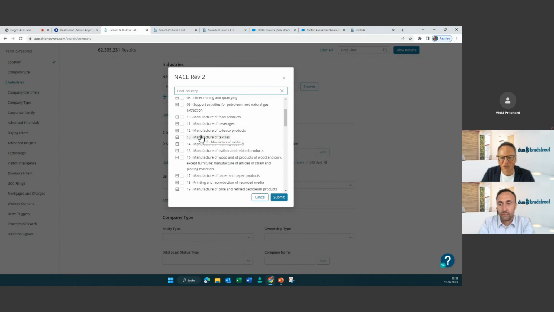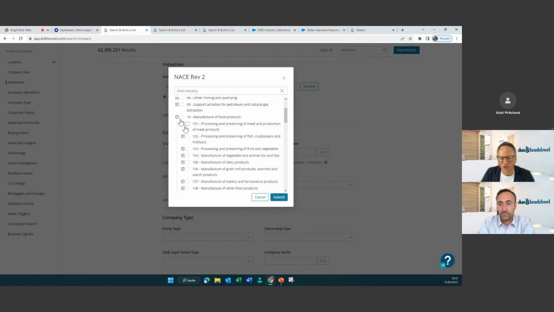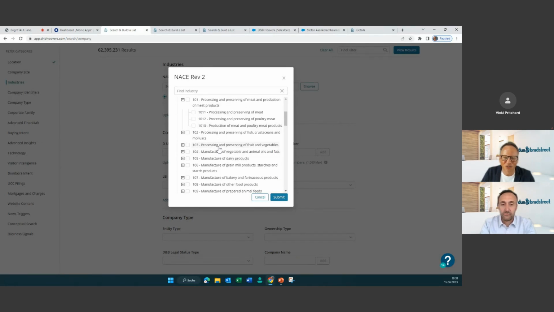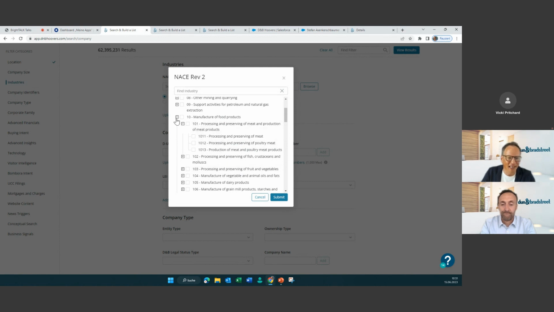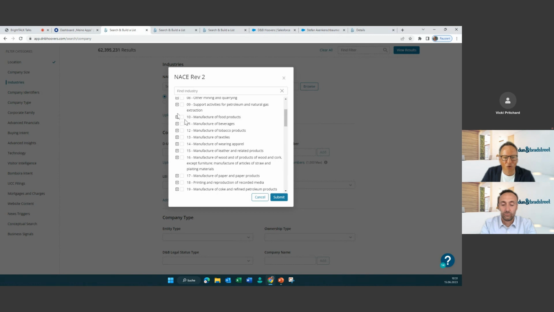When I select it, you see it's a 4-digit code. You can drill down. But Thomas, you mentioned sometimes you might drill down, but it's still not precise enough. We'll see that later. But first of all, I would select all those companies that are somehow in manufacturing.